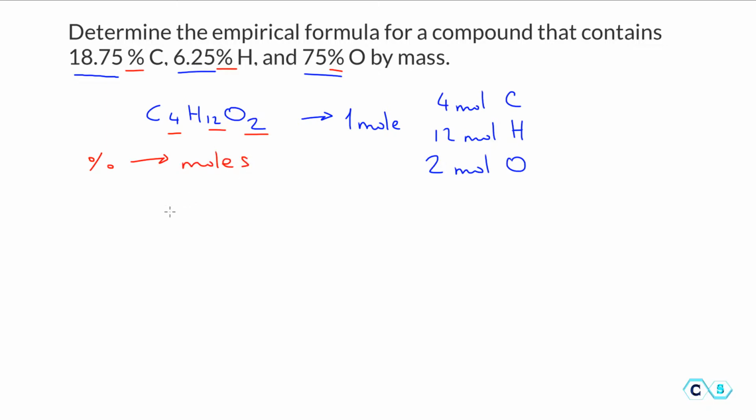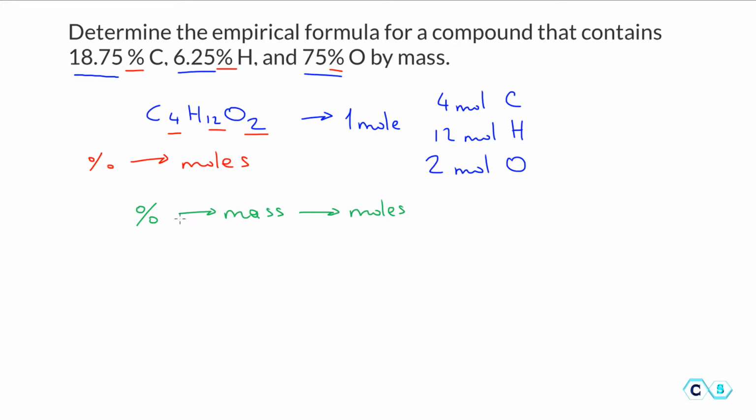How do we go from percentages to moles? Well, the plan here is that we need to go from percentages to mass, and then from the mass we can go to moles. In order to do so, we need to assume a certain mass of the compound.